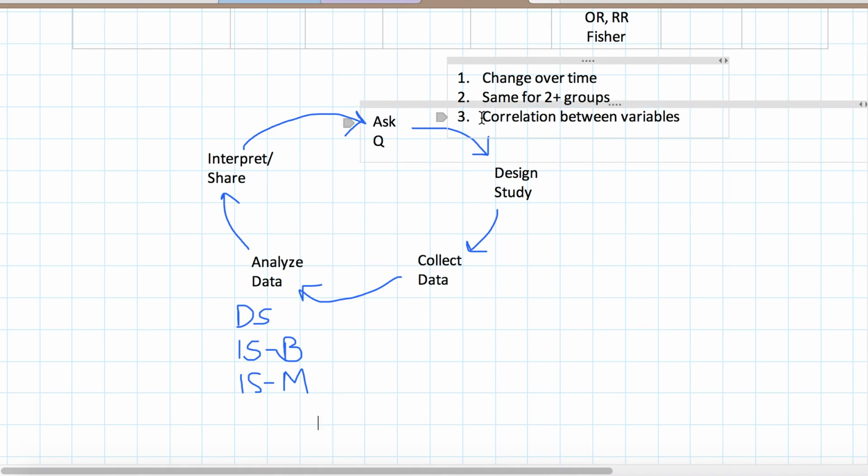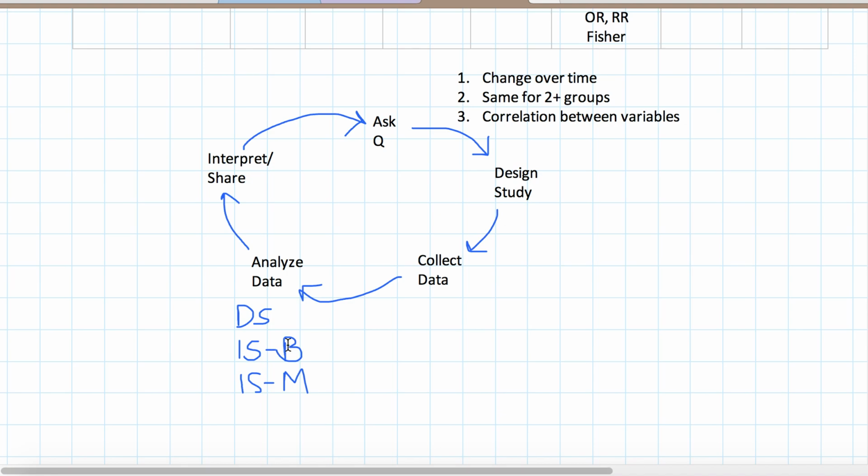And then a third one really is looking at just the correlation between variables, looking at that relationship. Is there a correlation between a specific variable and maybe another variable? So that's another kind of question that we can ask that isn't dependent on whether there are groups that we're comparing.